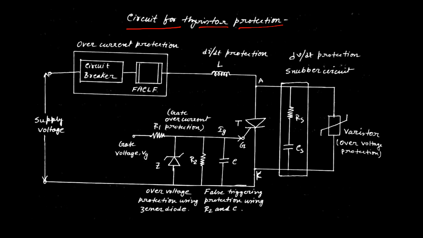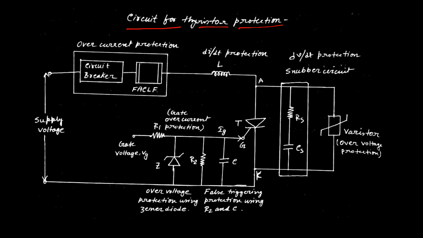The first is overcurrent protection, in which we normally use a circuit breaker in series with an FACLF, the full form being fast acting current limiting fuse, which can be used to protect from overcurrent.